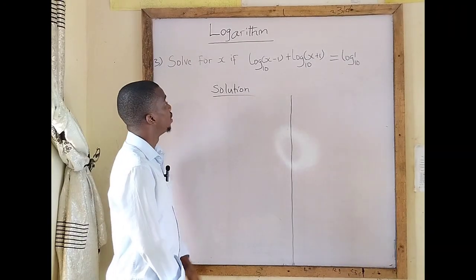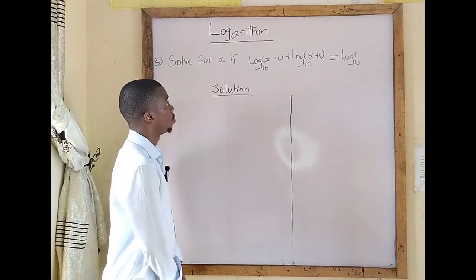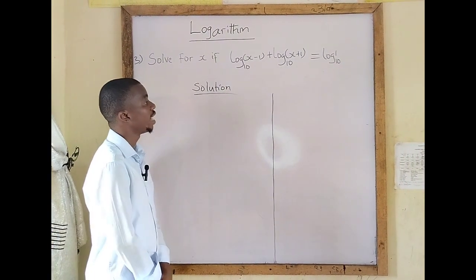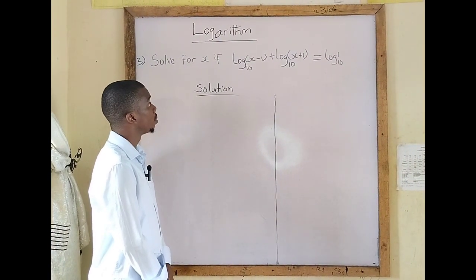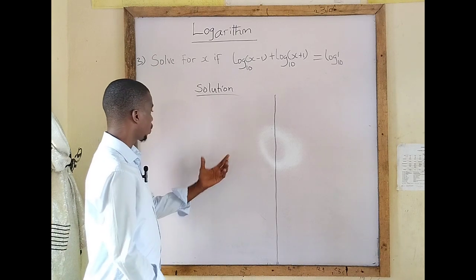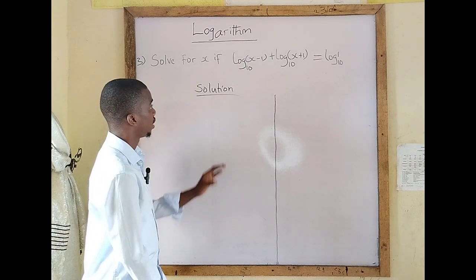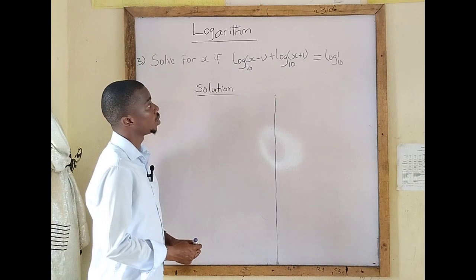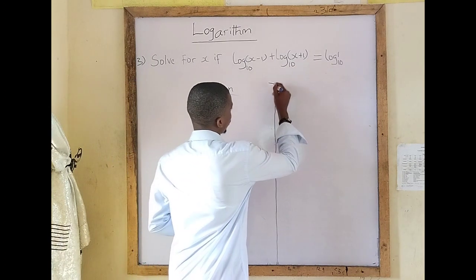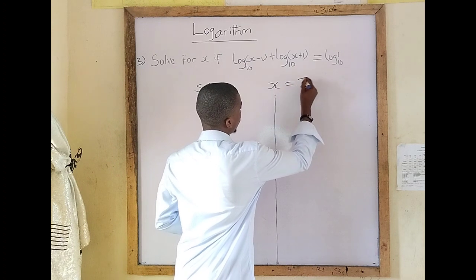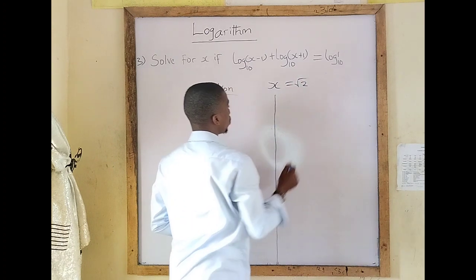The next thing we are going to do is to check the value of our x, if it's correct. We had to take off the writing on this side of the board because we needed space. So we had that x is equal to root 2.